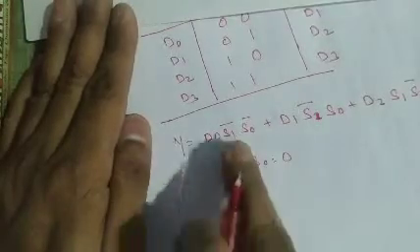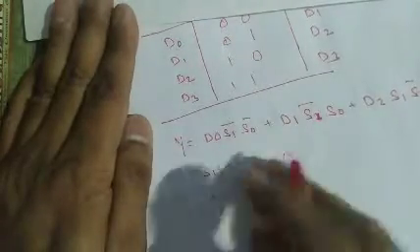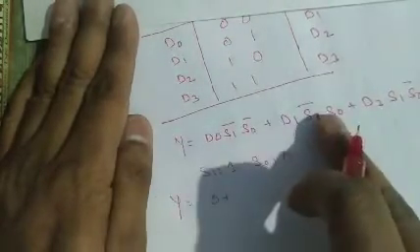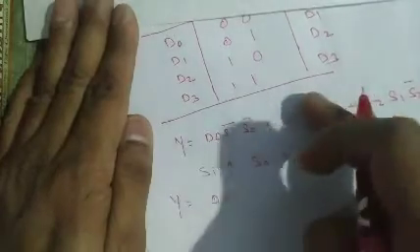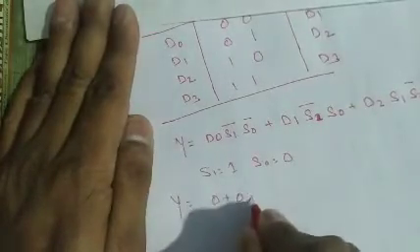D0 S1 bar, that means 0, hence it will become 0. Then D1 S1 bar, 1 bar means 0, so this is also 0.